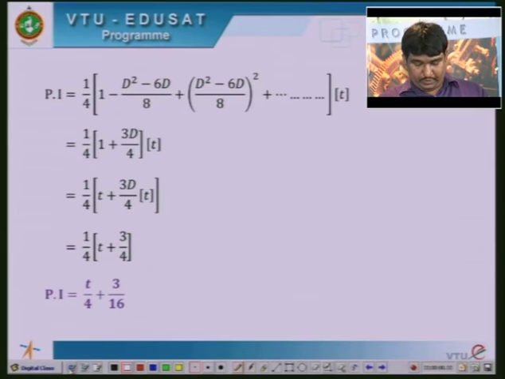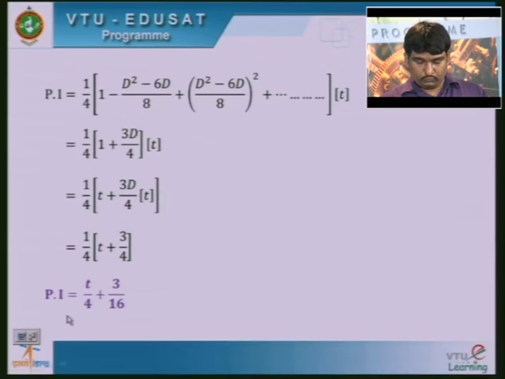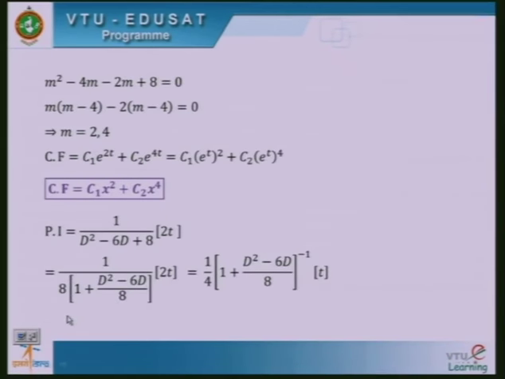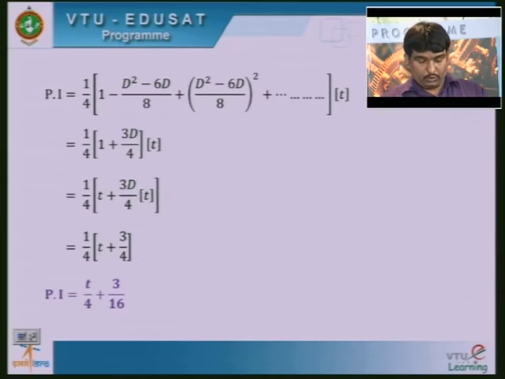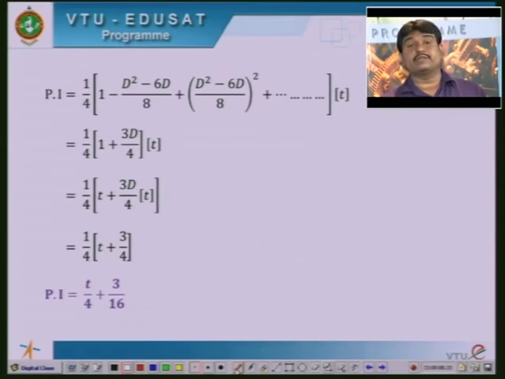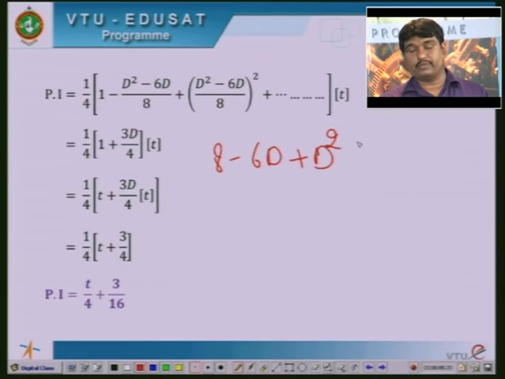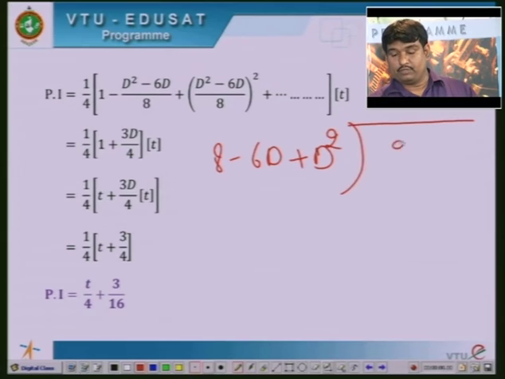What is the polynomial? It is d square minus 6d plus 8 is the operator. D square minus 6d plus 8. I'll write that in increasing order: 8 minus 6d plus d square, increasing order, and phi of t was 2t. 8 minus 6d plus d square, 2t.